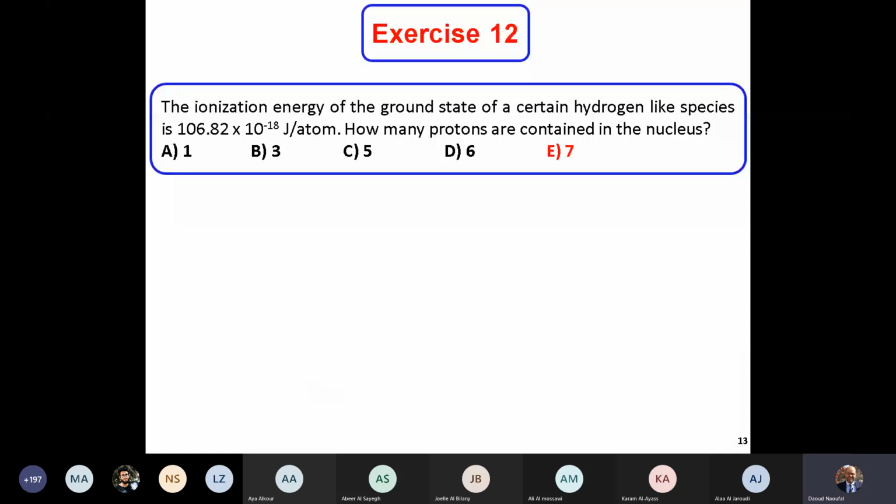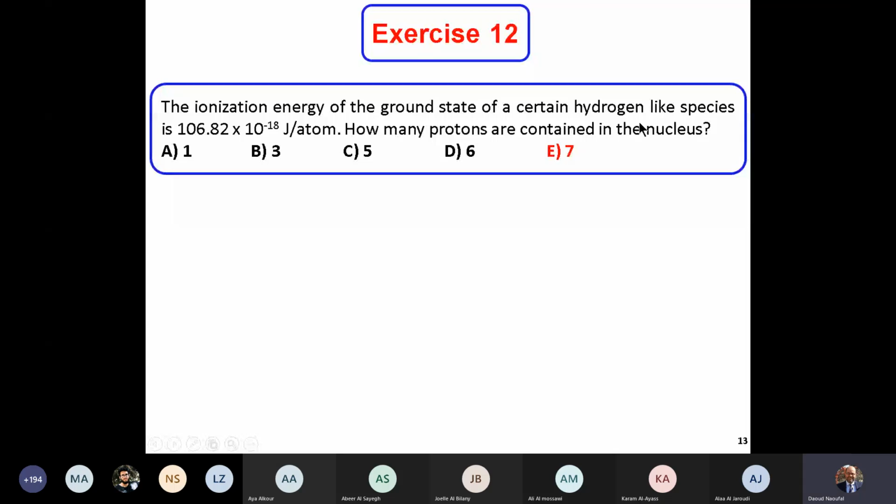Exercise 12. The ionization energy of the ground state of a hydrogen-like species is 106.82 times 10 to the minus 18 joule per atom. How many protons are contained in the nucleus of this hydrogen-like? Or in other words, calculate Z of this hydrogen-like. What is the atomic number?